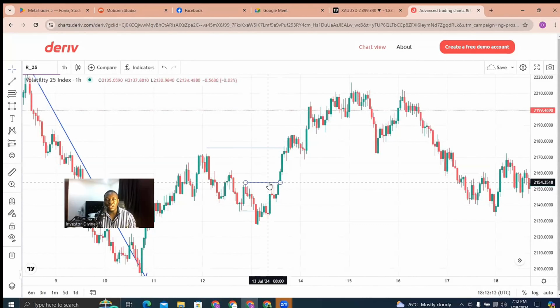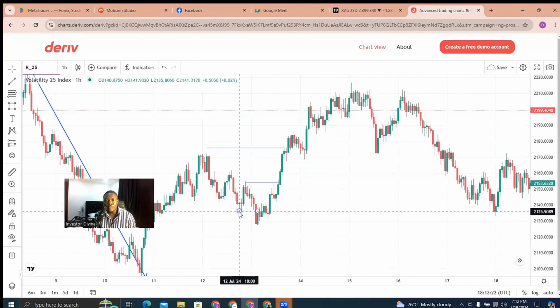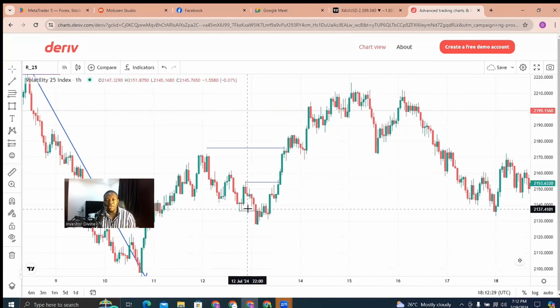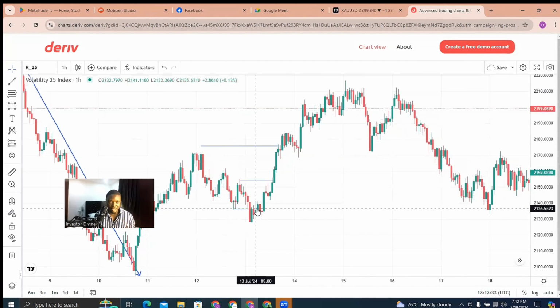So we call it a break of structure, right? Now, when the market takes out the previous lower low, then breaks structure to the opposite side, we call this particular one a liquidity sweep. I call it a liquidity sweep.